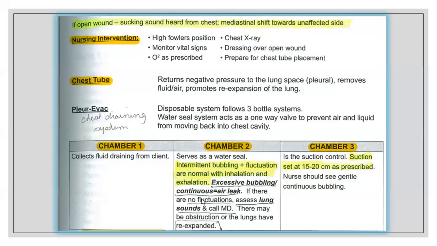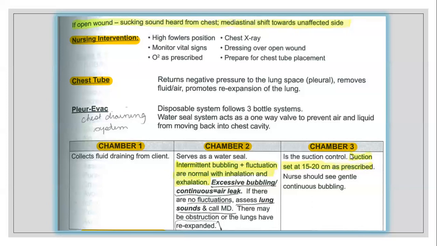If there are no fluctuations, assess the lung sounds, and we should call the doctor. There may be an obstruction or the lungs have re-expanded. The NCLEX board asks questions from here.